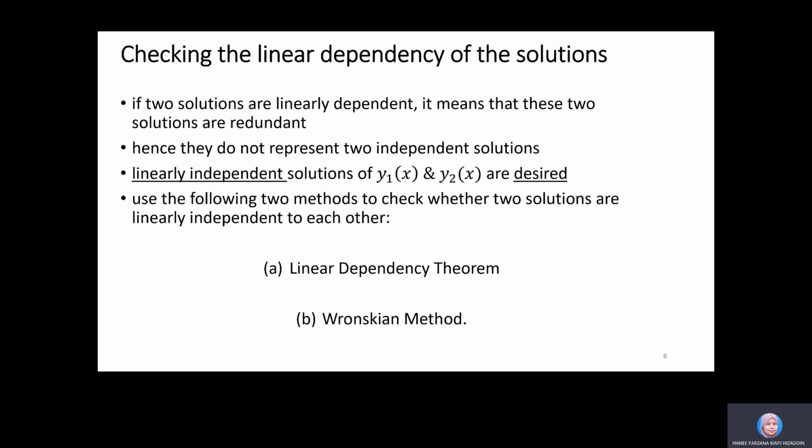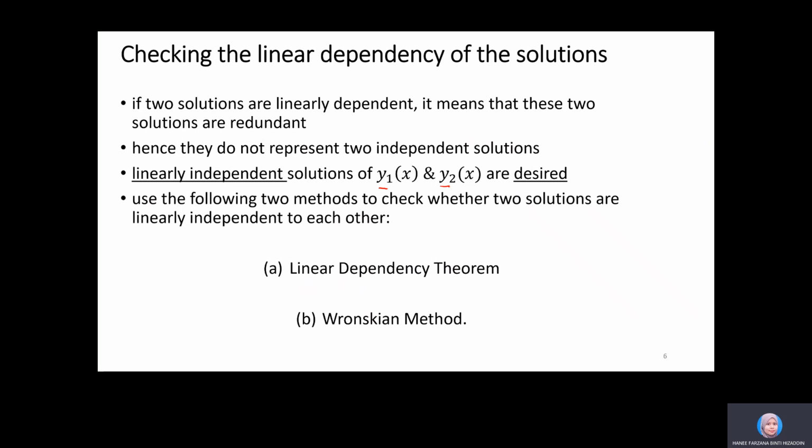There are not actually two given solutions, there is only one solution, because one of them is dependent on the other solution. Hence, they do not represent two independent equations or two independent solutions. So we need to have two linearly independent solutions y1 and y2 in order for us to get a complete solution for the given second order ODE.